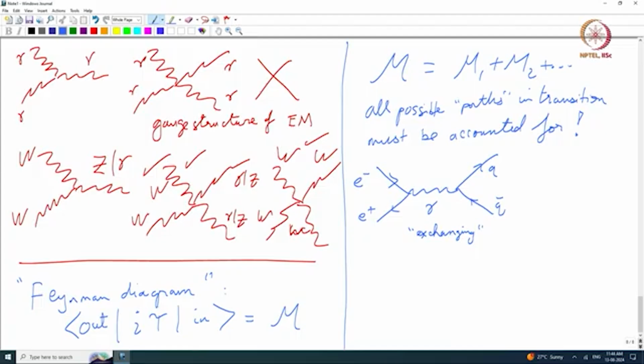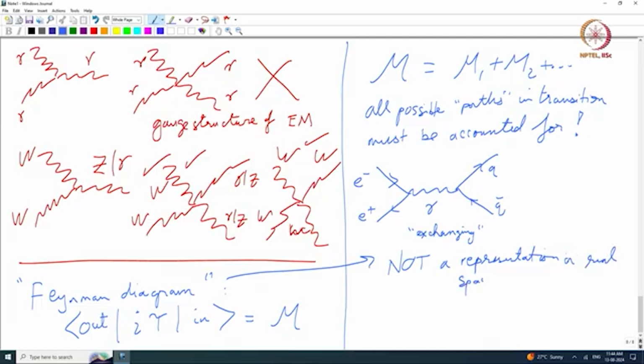Now that is completely wrong. That is absolutely not what the Feynman diagram is telling you. Because a Feynman diagram is not a representation in real space.